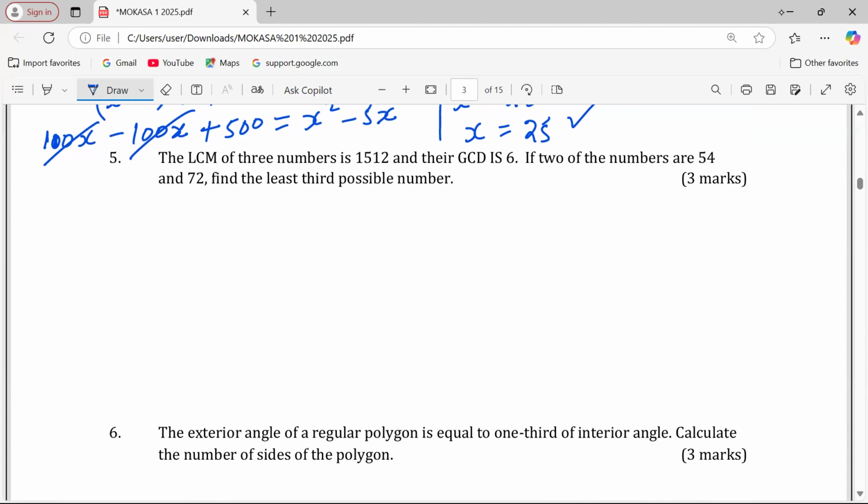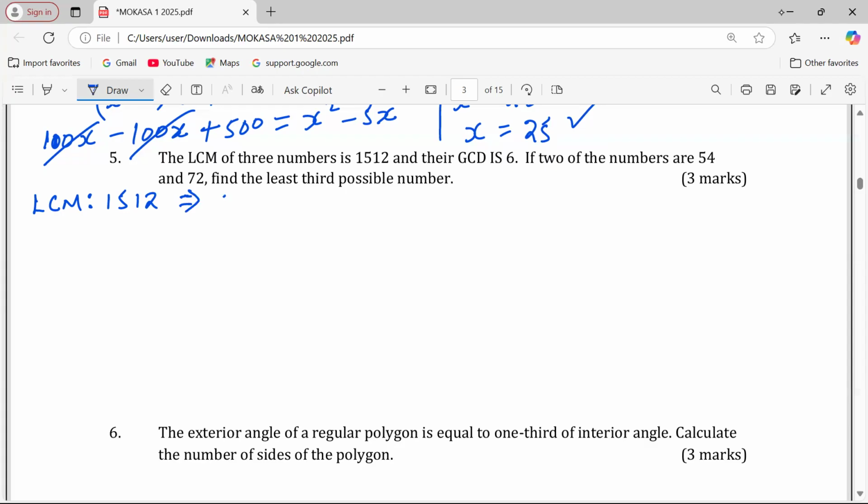Right. So what I advise students is that they use what we call factorization. Factorization means we take the LCM, 1512, and express it in terms of prime factors.